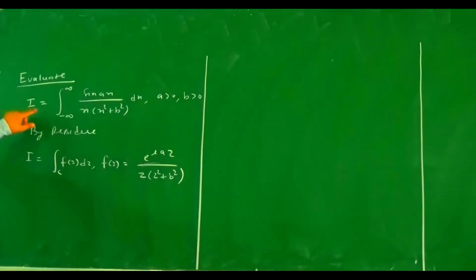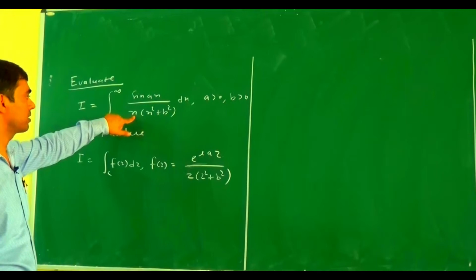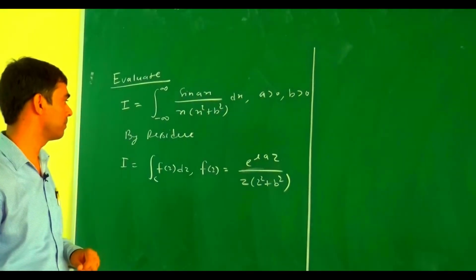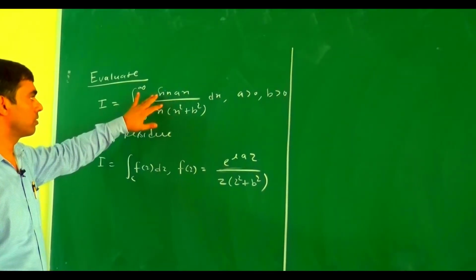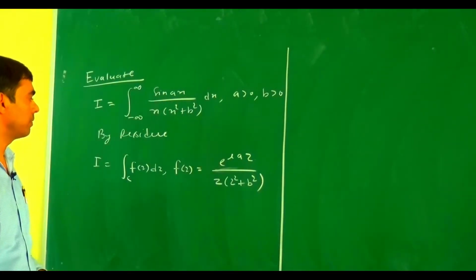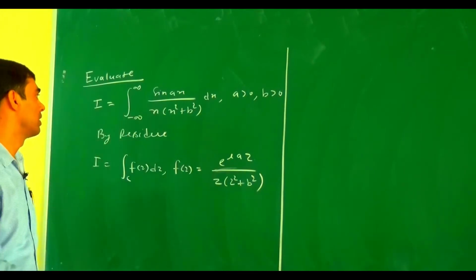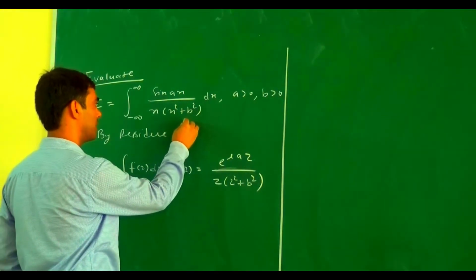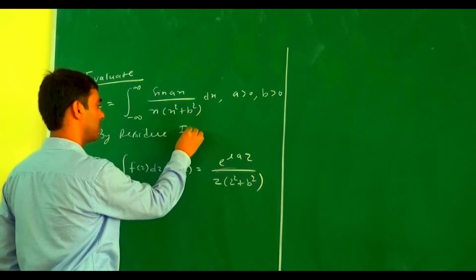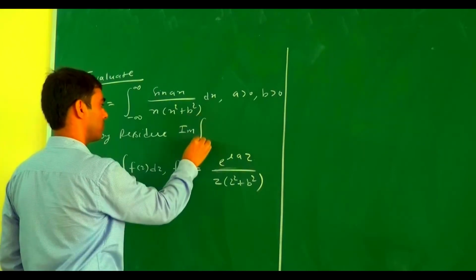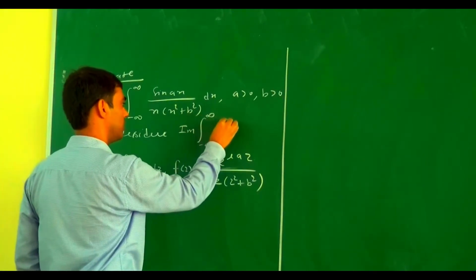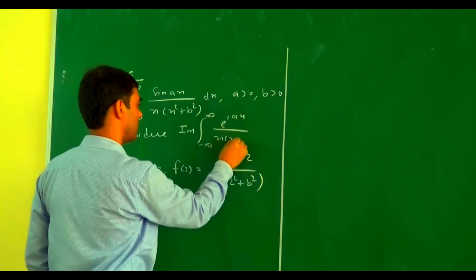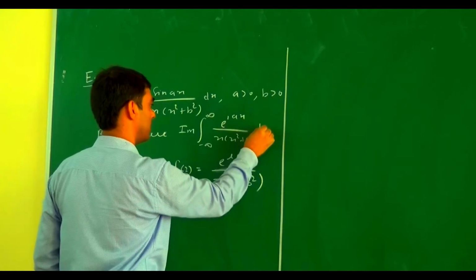Suppose we consider I equal minus infinity to infinity sin ax divided by x into x square plus b square dx, where a is greater than 0 and b is greater than 0. So we try to find this one. We write the equivalent form: minus infinity to infinity, imaginary part of e to power I ax divided by x, x square plus b square dx.